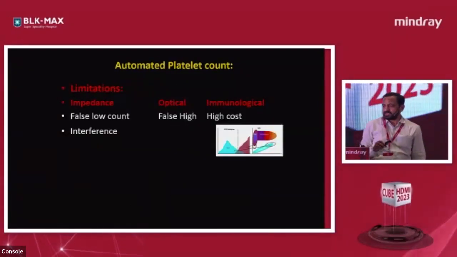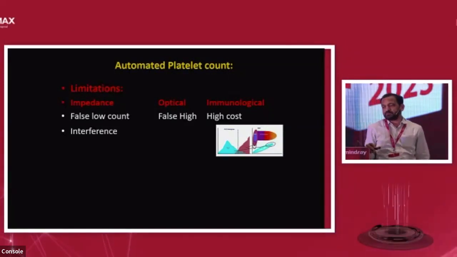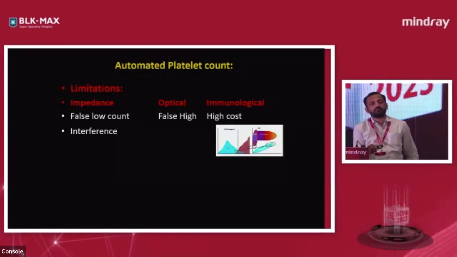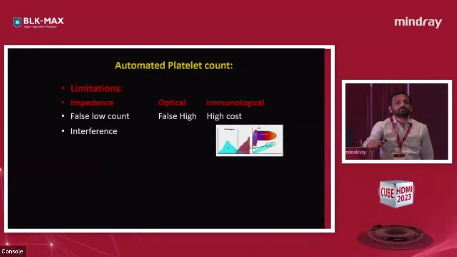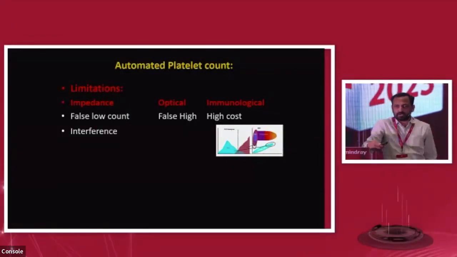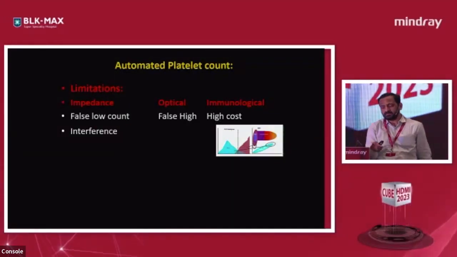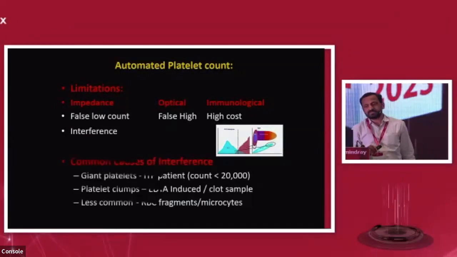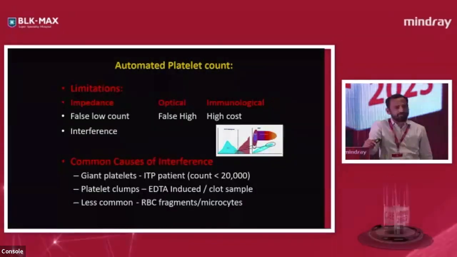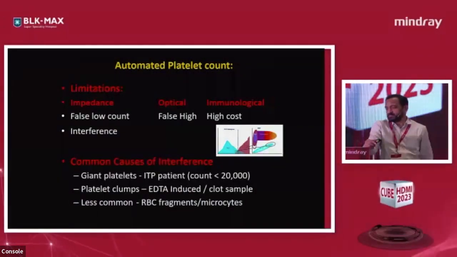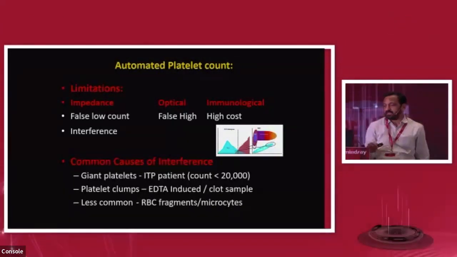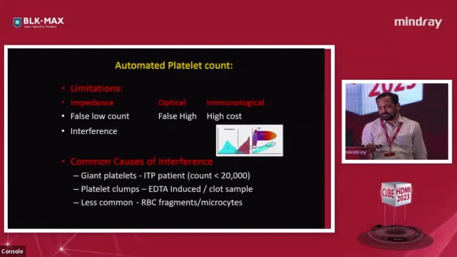Now, we'll go straight to the limitations of the impedance and the optical method. The impedance method can give false low counts in samples which have large platelets which are not counted by the machine. There can be significant interferences, like giant platelets in ITP patients, platelet clumps, as we have already seen in the previous talks, and in some patients RBC fragments or microcytes.